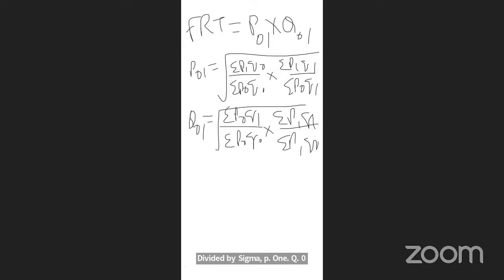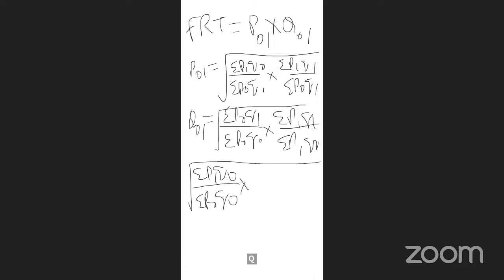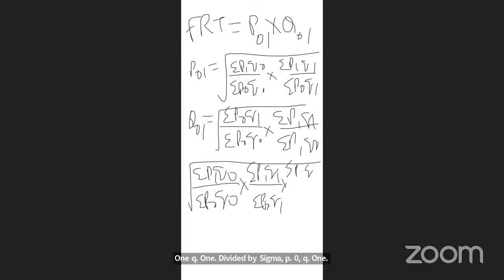So let us take completely sigma P1 Q0, sigma P0 Q0 into sigma P1 Q1 divided by sigma P0 Q1 into sigma P0 Q1 divided by sigma P0 Q0 into sigma P1 Q1 divided by sigma P1 Q0.